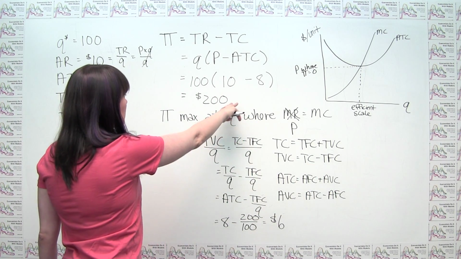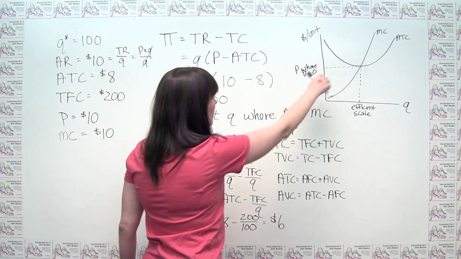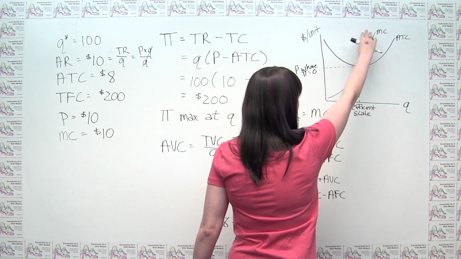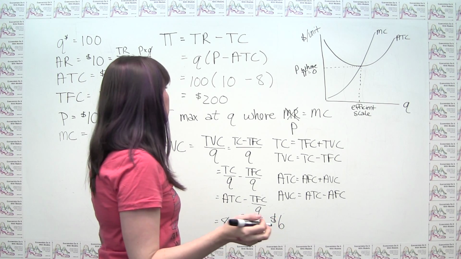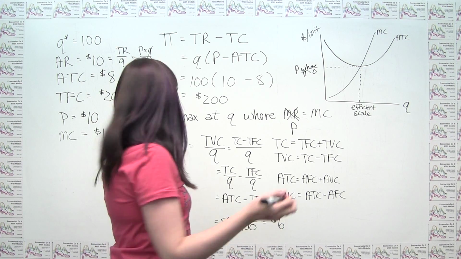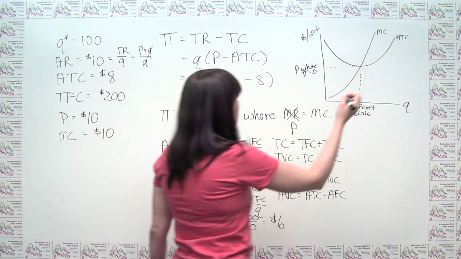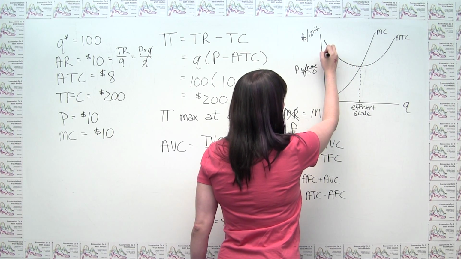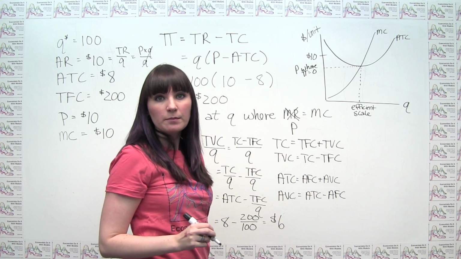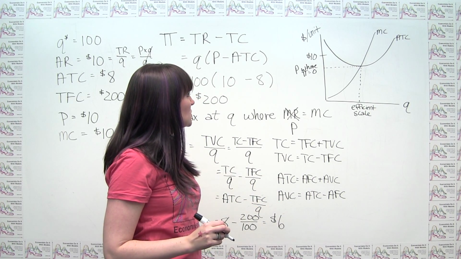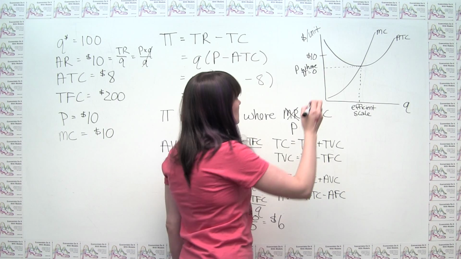So we can see here, if we're making a positive economic profit, again, that's telling us that our price has to be up here somewhere. So let's just pick an arbitrary point here, and say our price is $10. So let's say $10 is just somewhere here. It doesn't really matter. That's going to help us make our point. Okay. So our price up here is $10.